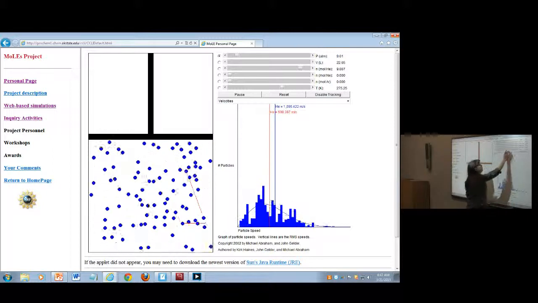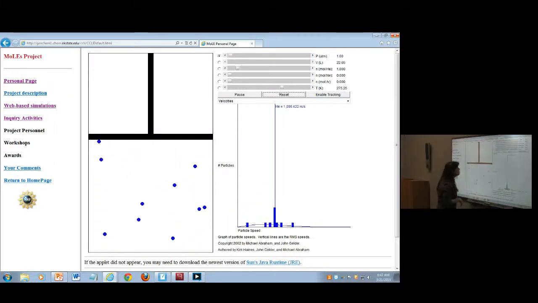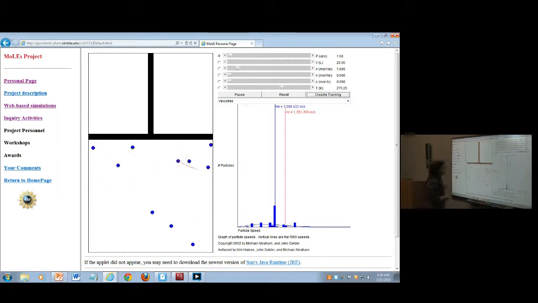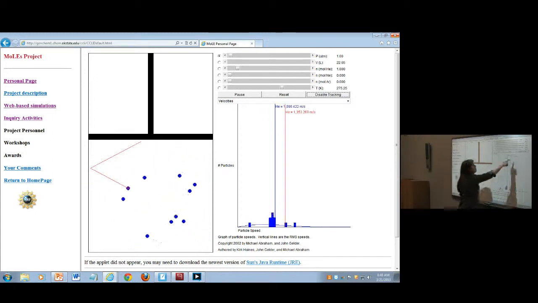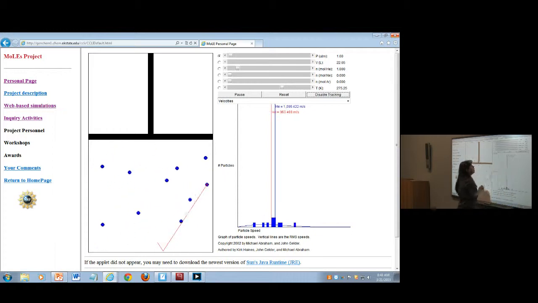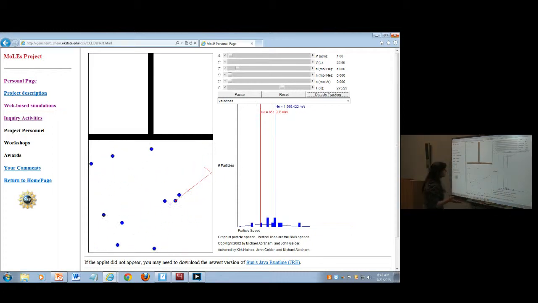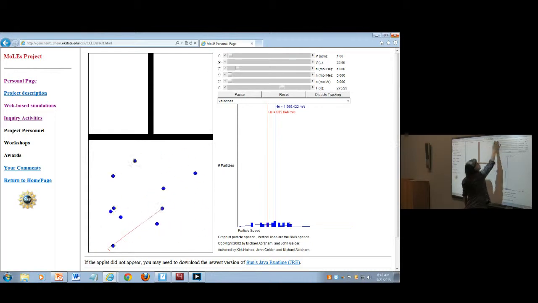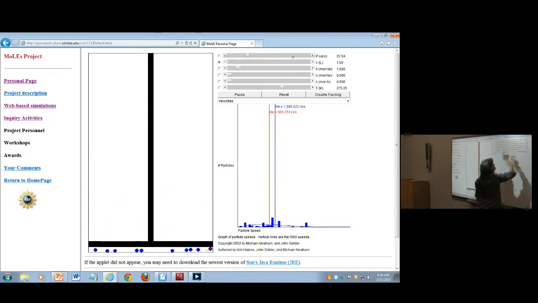Now I'm going to change this back for a minute. We'll start where we were a minute ago, and let me put the tracking on here so we can watch something. Again, the helium is a little faster right now than the average, and now it got a little slower than the average. This time I want to change the pressure.